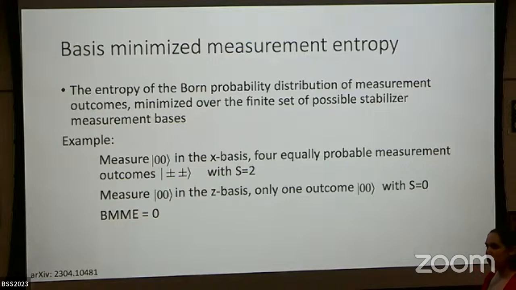You mean use purity? Purity is not going to be a good measure of magic, though. We need something that's a good measure of magic. You can have a pure stabilizer state.